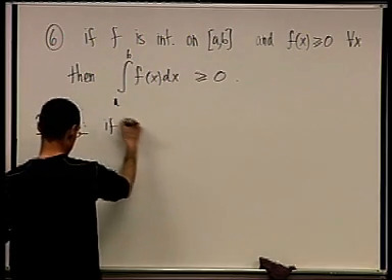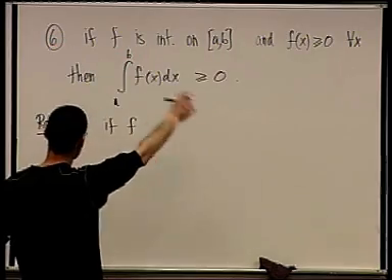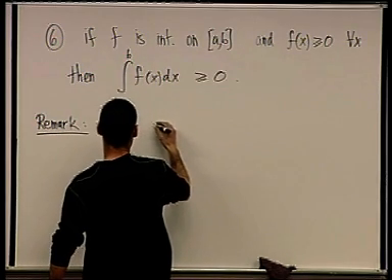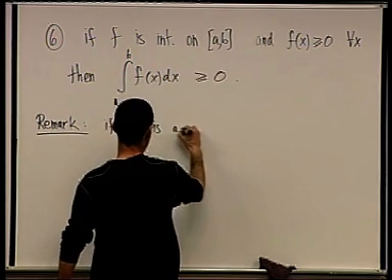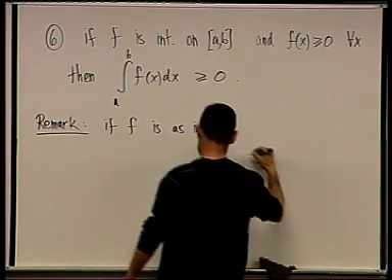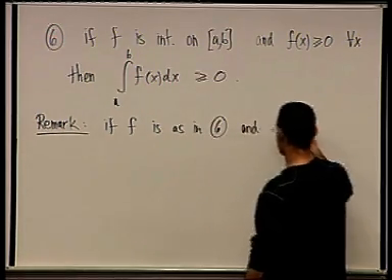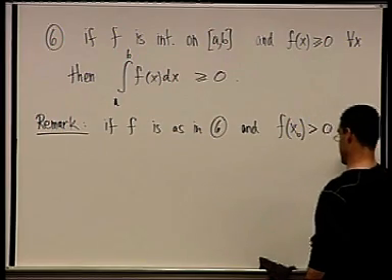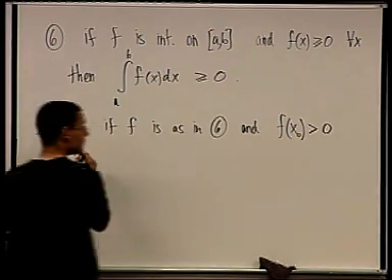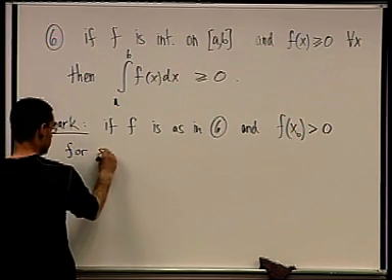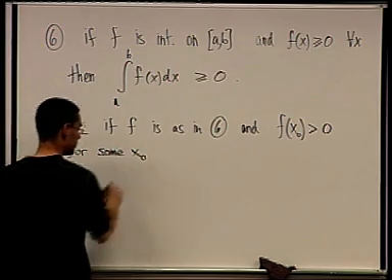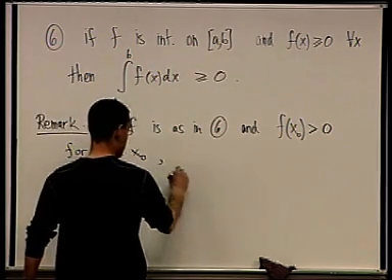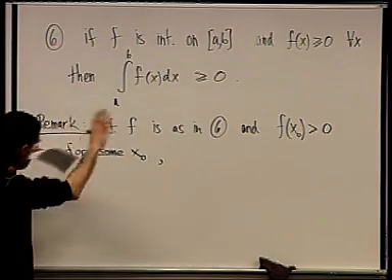If f satisfies everything in 6, so it's integrable on AB and non-negative, as in 6, and f of x0 is actually greater than 0 for some point x0. It's between A and B, right? Yes, everything is on AB.